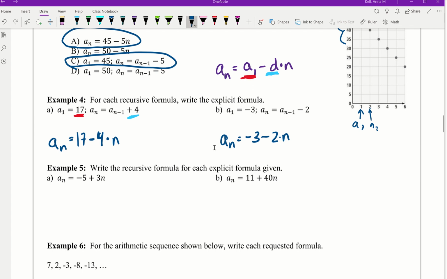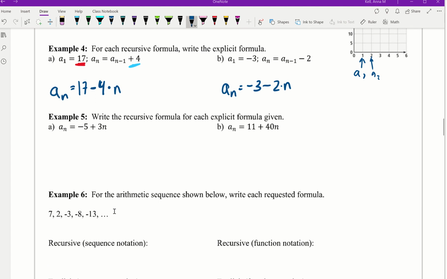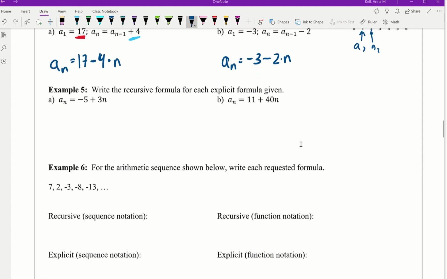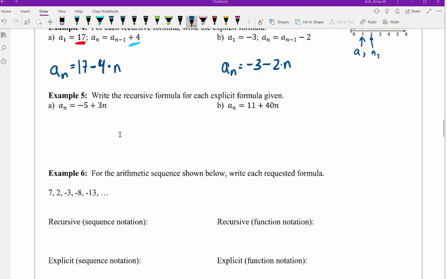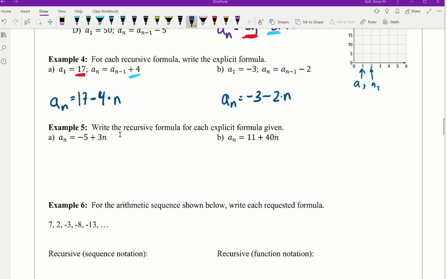Okay, so example B should look something like this. This is my starting value minus 2 times n. Okay, example 5 is going the other way. Okay, we want to write this from explicit into recursive.